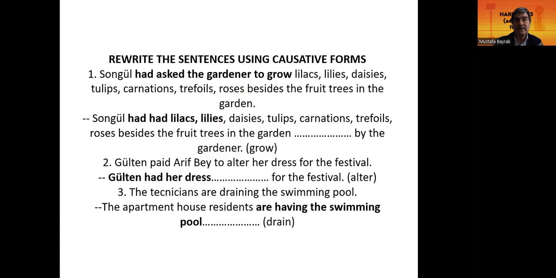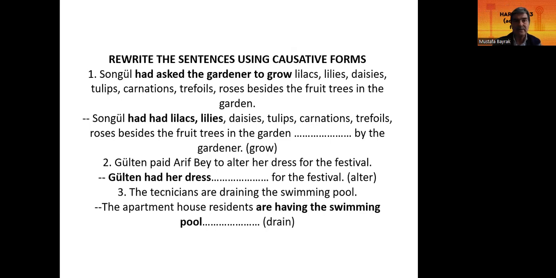Now rewrite the sentences using causative form. Okay? For example, Songül had asked the gardener to grow lilacs or lilies, daisies, tulips, carnations, trefoils, roses, besides the fruit trees in the garden.